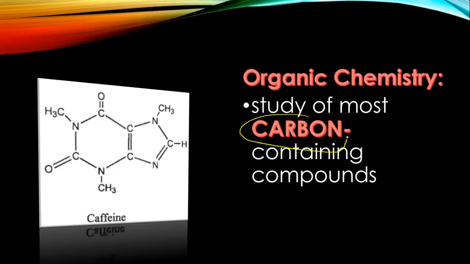Carbon being our key word here. When you look at many organic compounds, you're going to see lots and lots of carbons, as in caffeine that's listed here. So that cup of joe that you have in the morning contains lots and lots of carbon, and it is considered an organic compound.